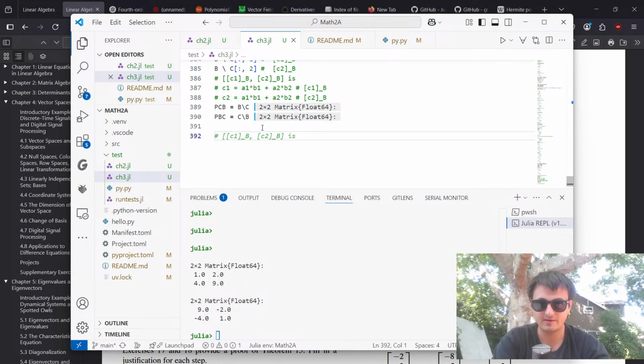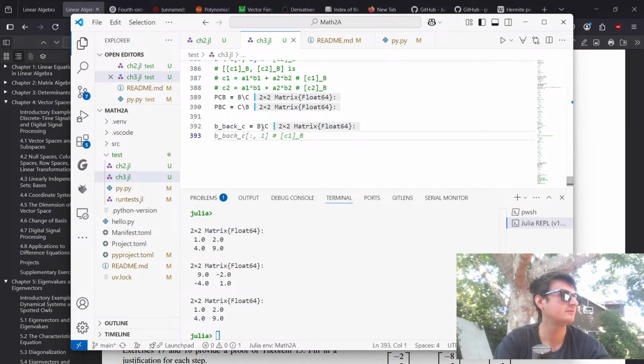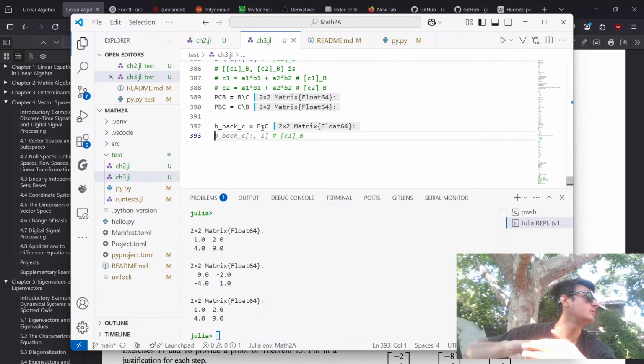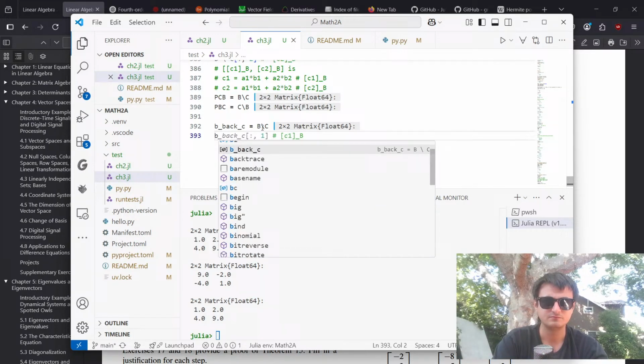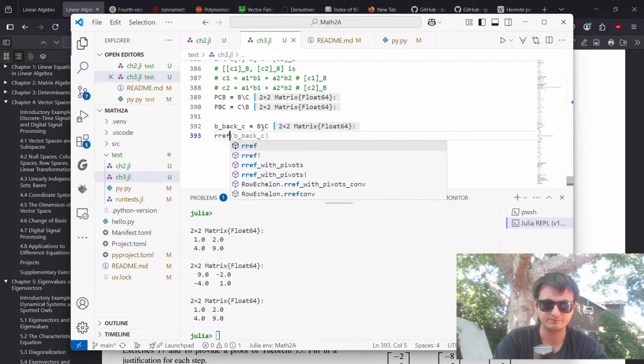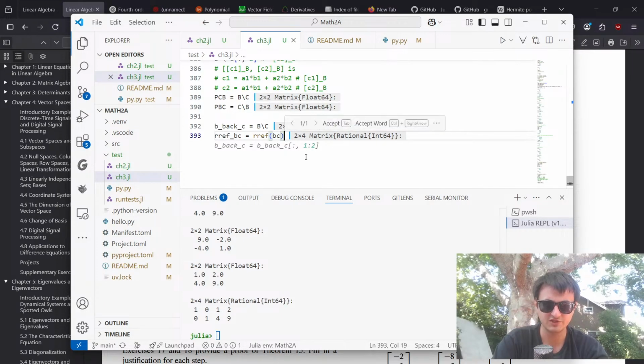So we have B backslash C. And then we have, okay, so yes, these are equal.